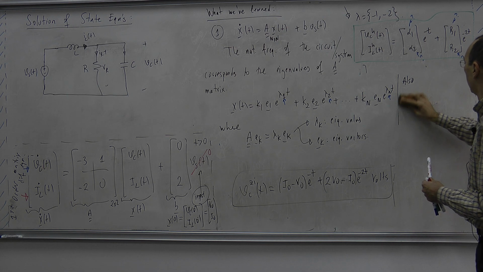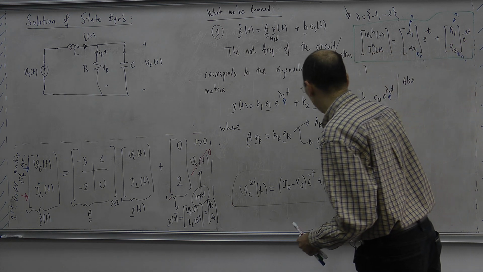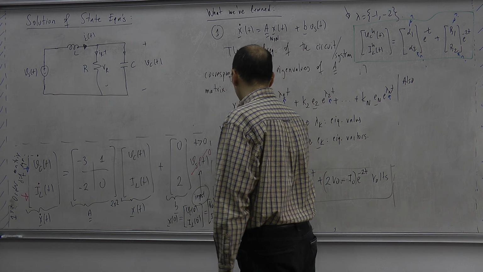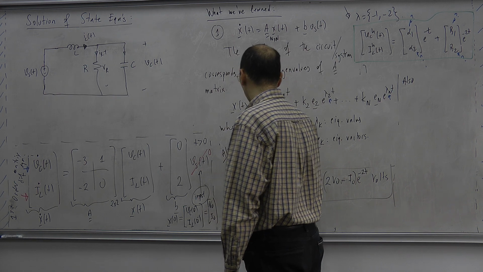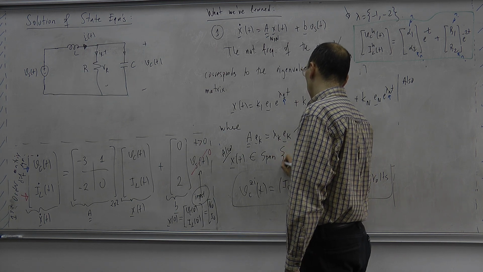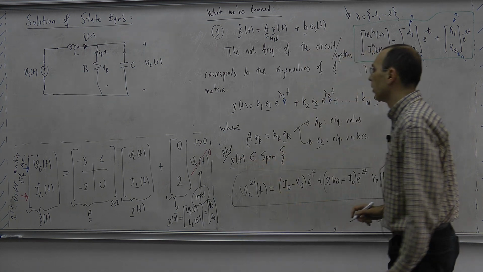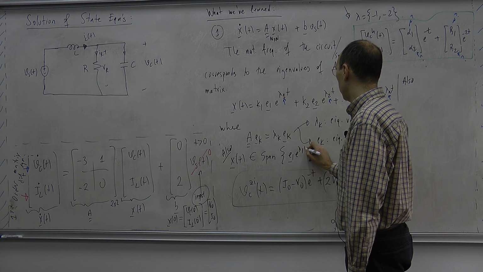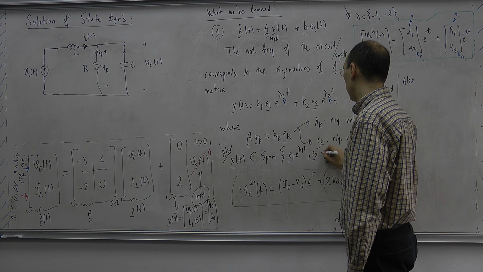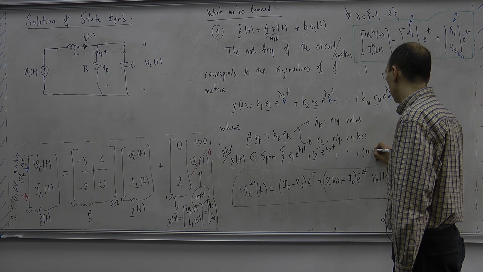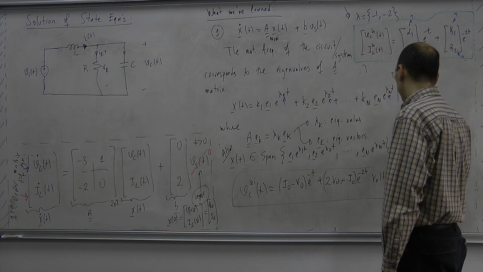I don't want to delete this. Let me write it over here. Also, x of t is an element of, this is the solution as you see, span of e1 e to the lambda 1t, e2 e to the lambda 2t, and en e to the lambda nt. Okay.